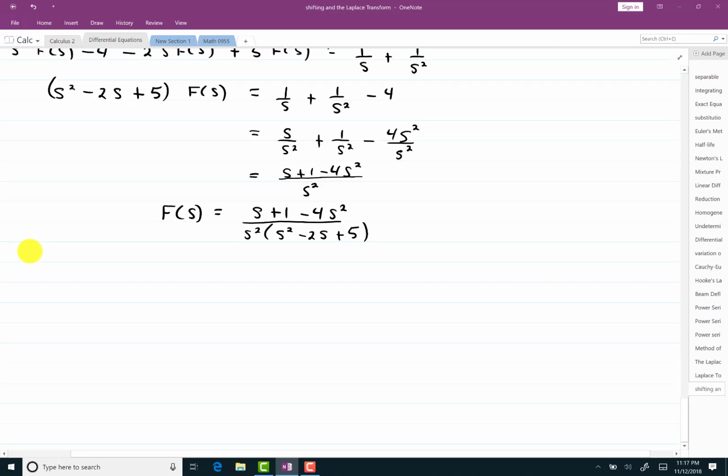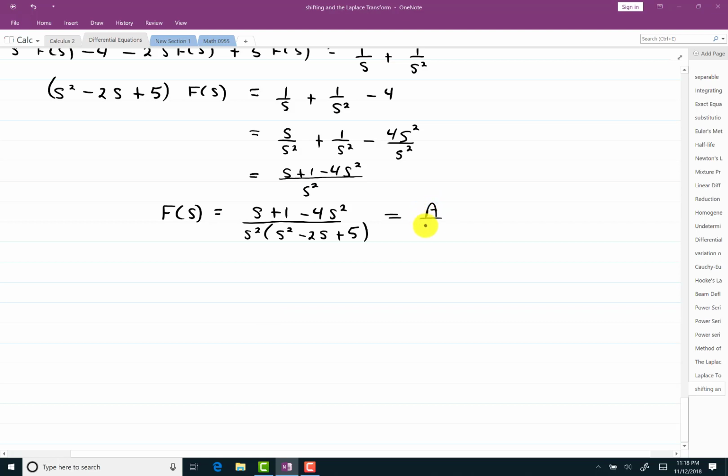Now, I'm not really sure why I chose this problem. Perhaps I chose it because some of the partial fractions can get kind of crazy. Let me explain what I mean. When you try to set this up according to partial fractions, whenever you have a repeated 0, like this s squared is like s minus 0 squared, you have to do this.